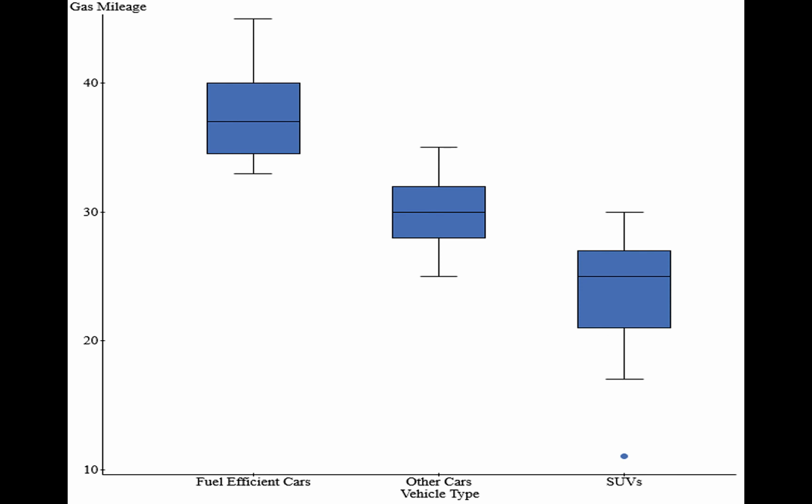best gas mileage, right? The way that you tell that, based on this box plot, if it wasn't obvious like it is in this case, is you would look at 2 things. You look at the position of the box, and notice the box for the fuel-efficient cars is higher than for the other cars and for the SUVs. So it's higher on the y-axis, which means typically those vehicles get better gas mileage.